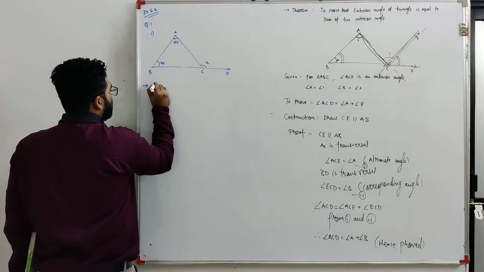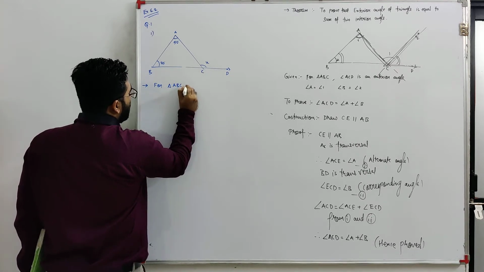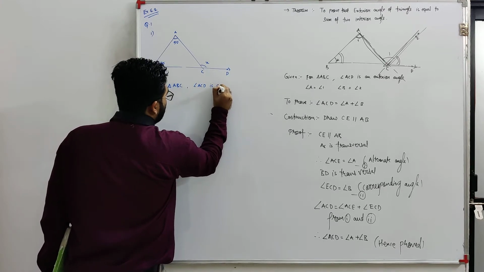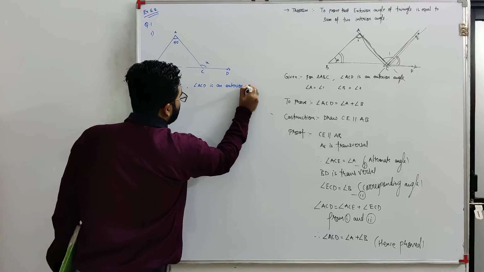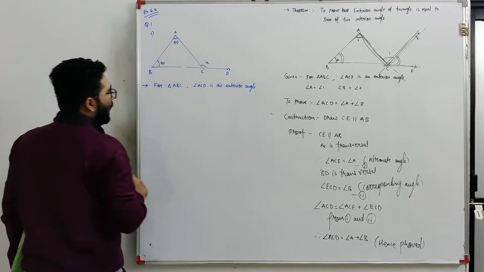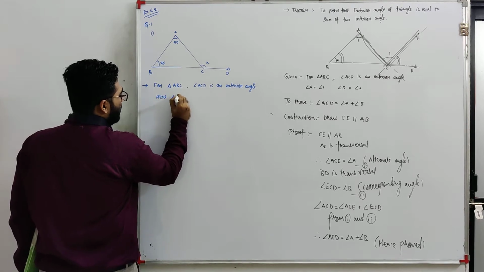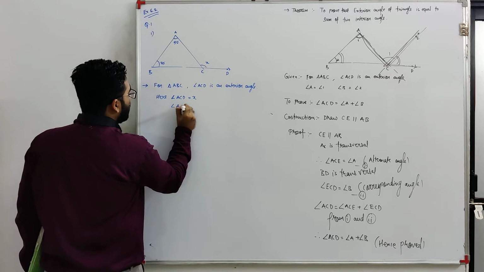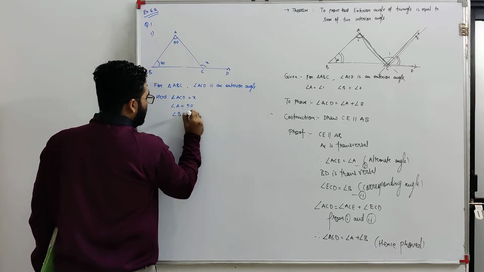I will write like this: for triangle ABC, angle ACD is an exterior angle. Now, here angle ACD is what? Angle ACD is given as x. Angle A is given as 50 degrees, and angle B is given as 70 degrees.